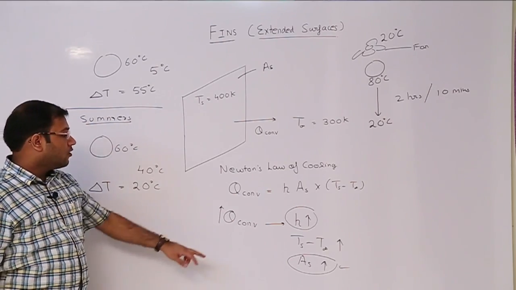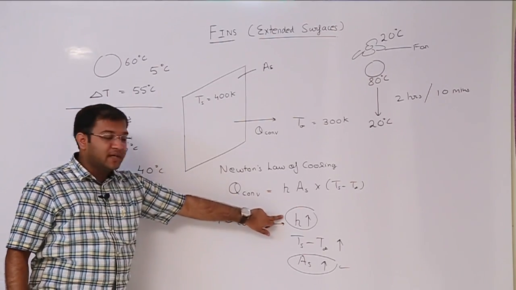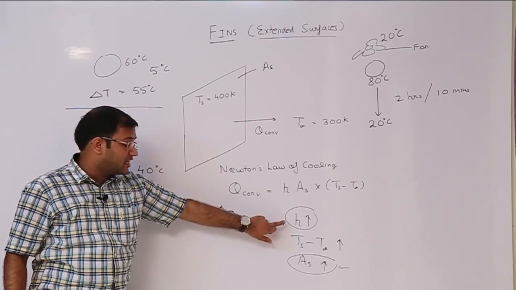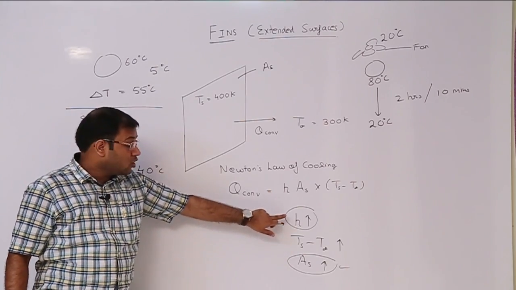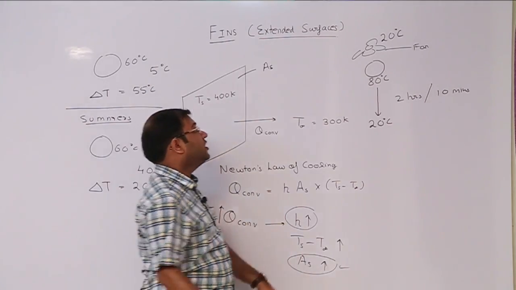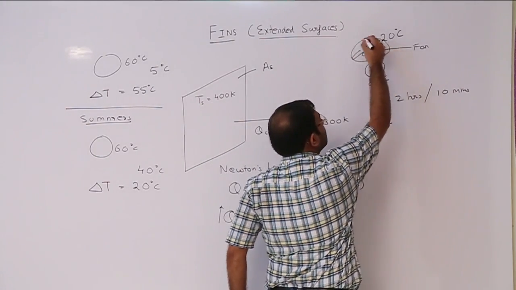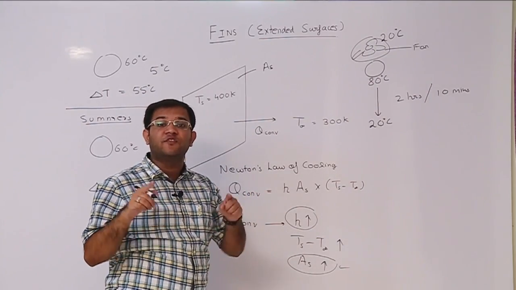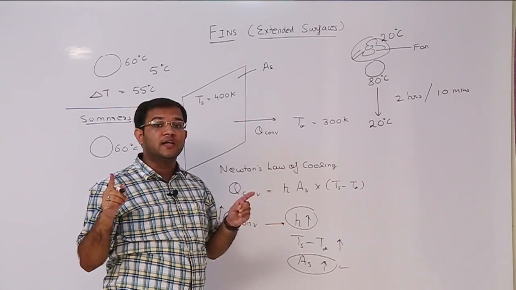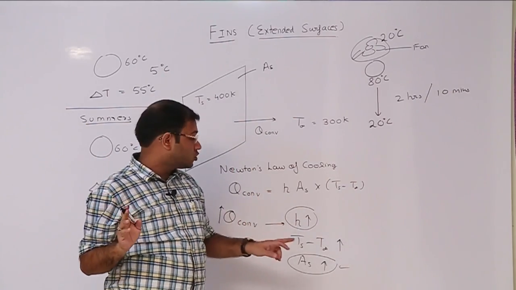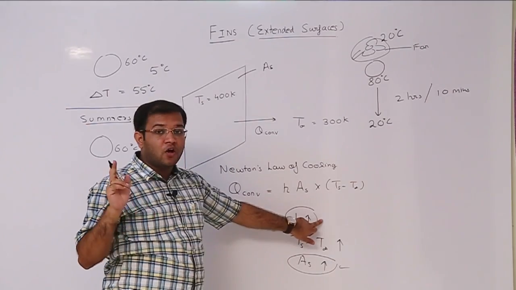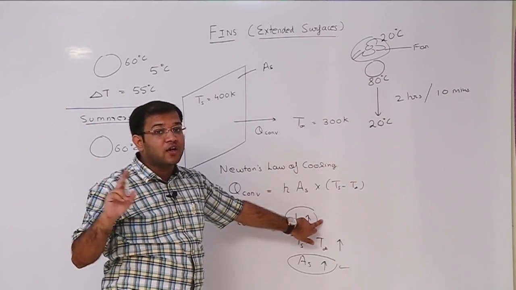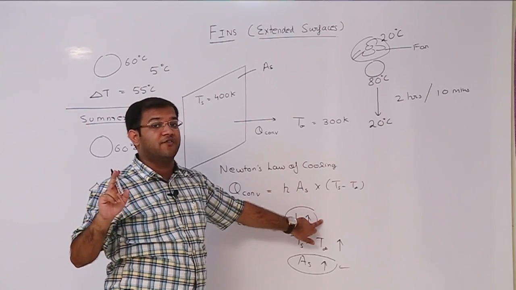Fine. So we have seen that there are some limitations on increasing h as well as the temperature difference. In order to increase h, we need to install a fan, and that fan will consume some energy as well as some space, so it is a negative point. Everywhere we cannot install a fan, so we cannot increase the heat transfer coefficient everywhere.